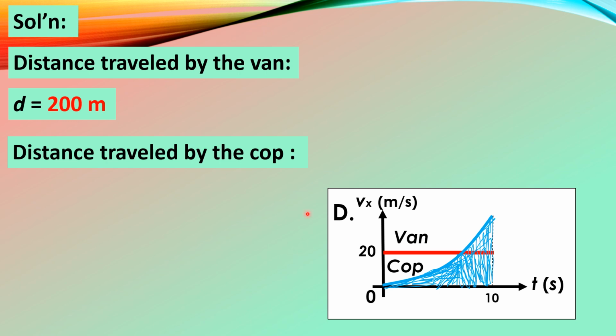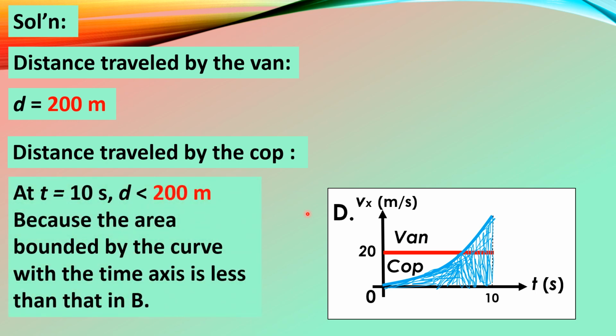And we take note that this distance is less than 200 meters, because the area bounded by the curve and the time axis is less than what we got in option B, the area shaded red. So in short, the motorcycle has not yet caught up with the van in 10 seconds.